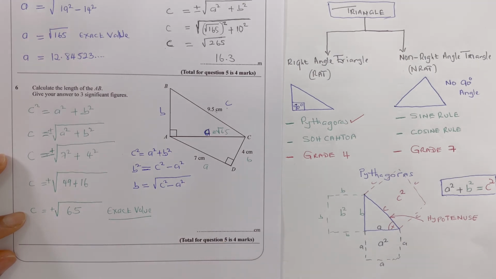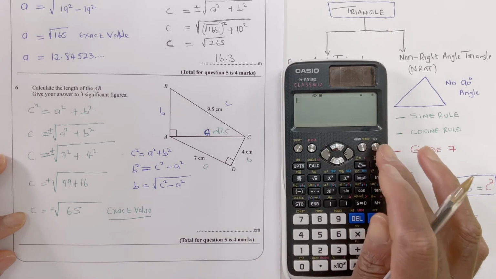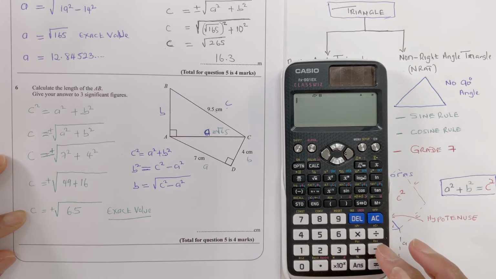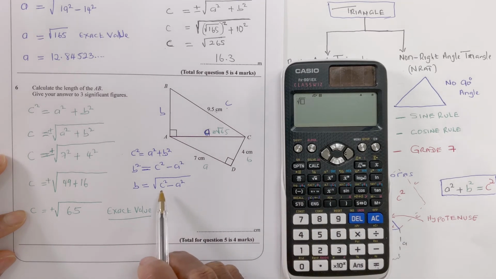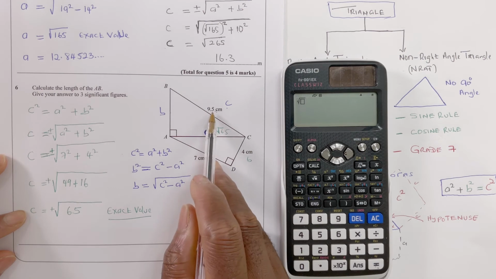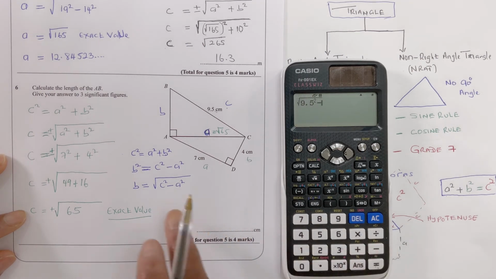Okay, I know what I need to do now. I need to punch that into the calculator. So make sure the calculator is on. You want to put the square root there. Now C is 9.5, so 9.5 squared in there. Minus. Now you've got to be careful here.